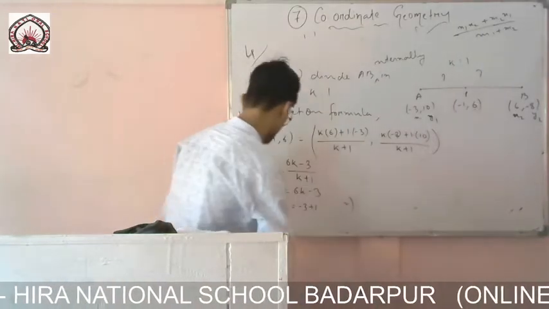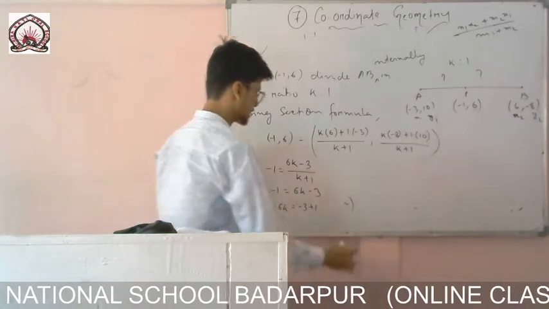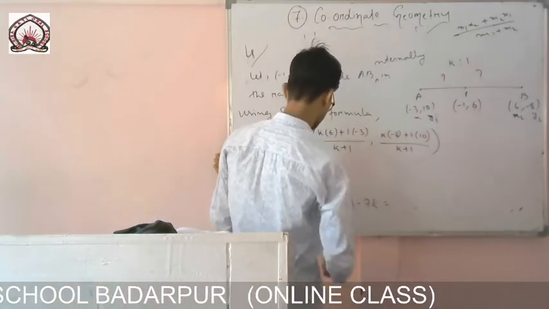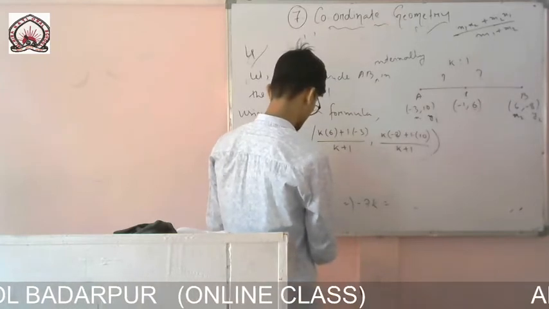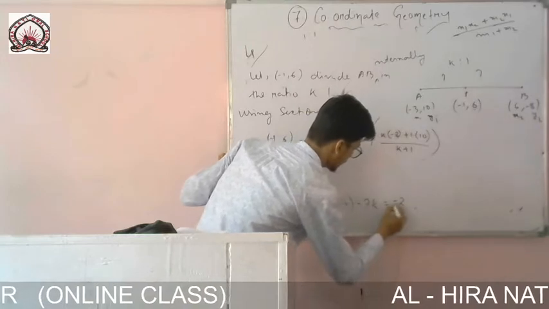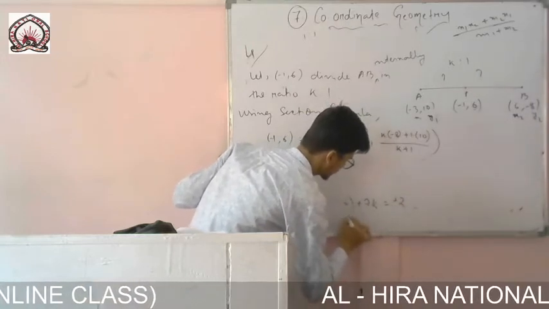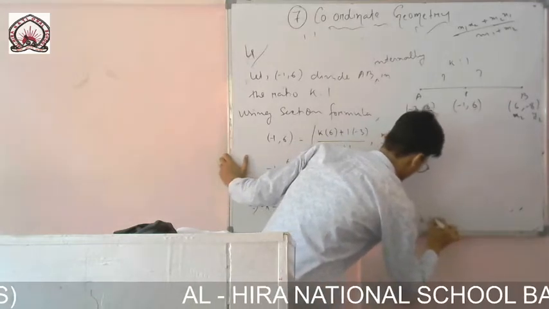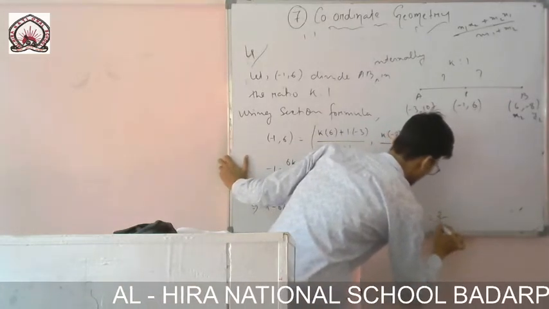So minus minus is plus, so it is minus 7k, and there it is minus plus, it is minus, so it is minus 2. Both sides minus is there, so minus will be cancelled. So 7k equals 2.